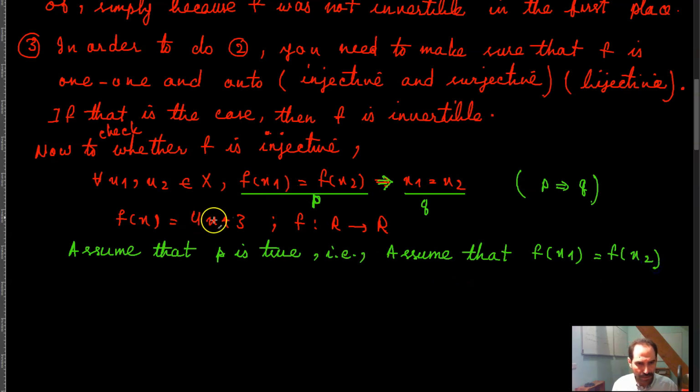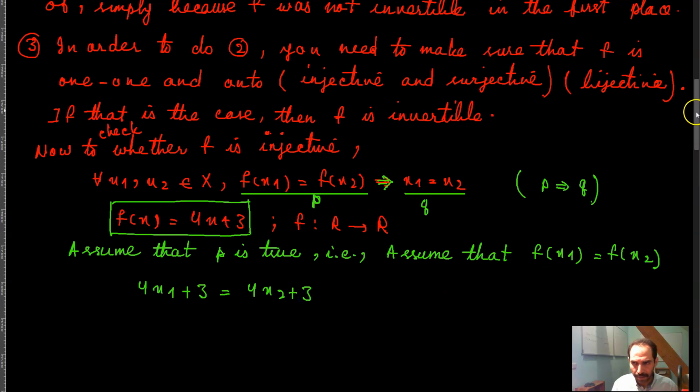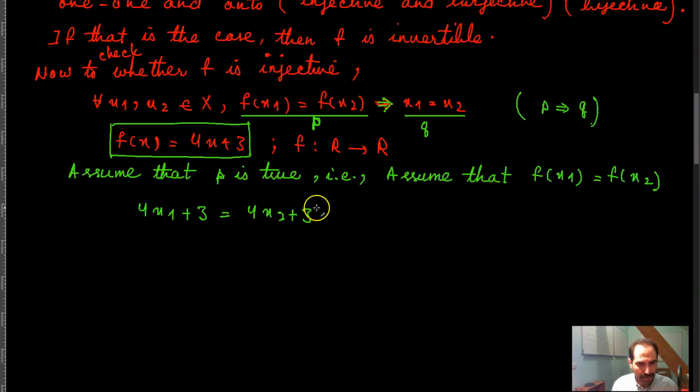In the function that we have, f of x is equal to 4x plus 3, which means that f of x1 would be equal to 4 times x1 plus 3, and f of x2 would be 4 times x2 plus 3. Now I can cancel out the 3, and then divide both sides of the equation by a factor of 4, which means that x1 is equal to x2.